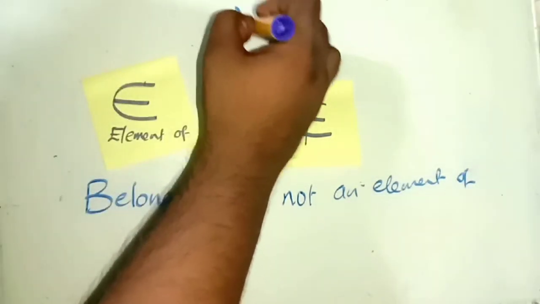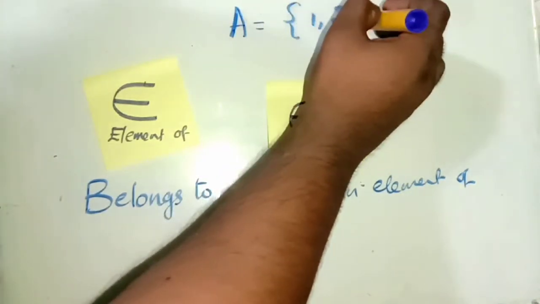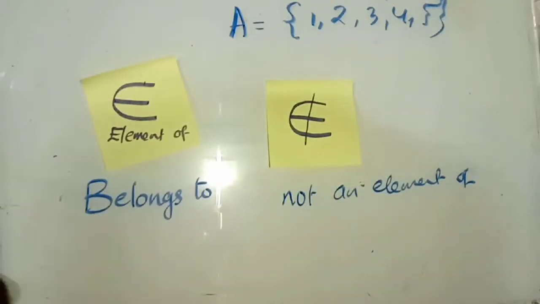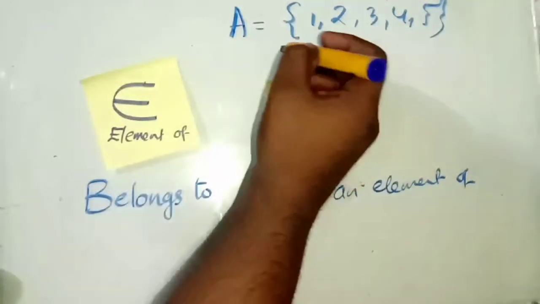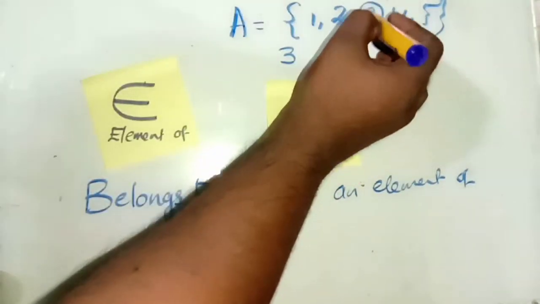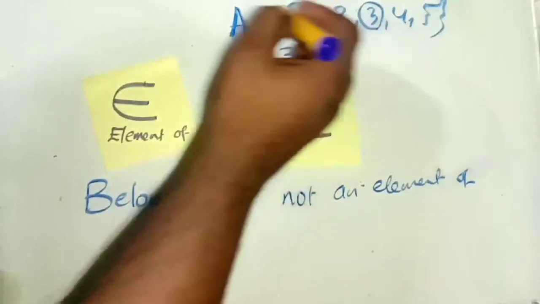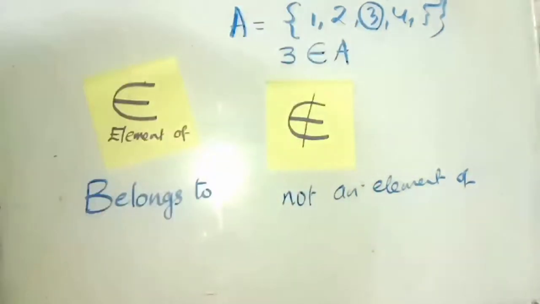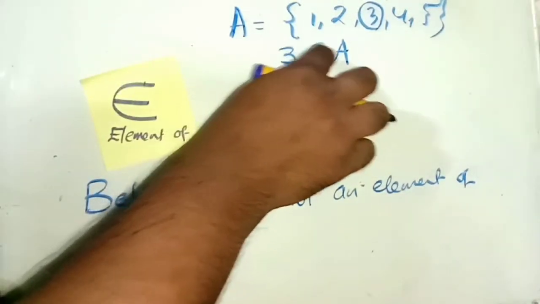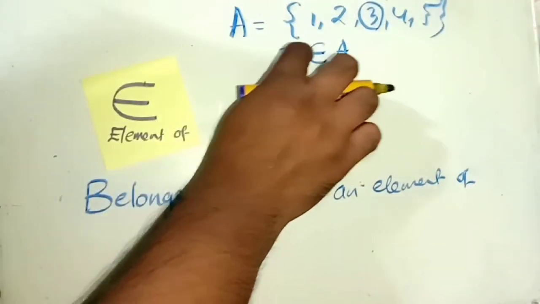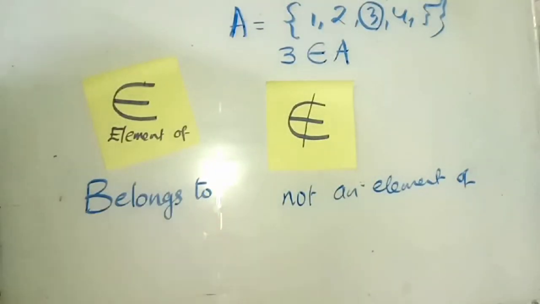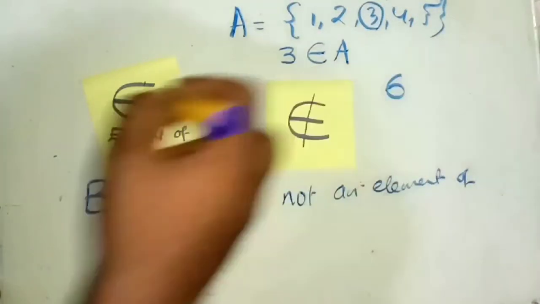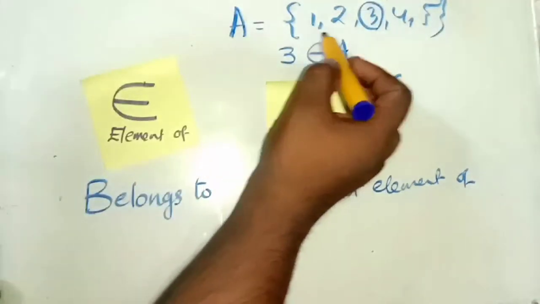Okay, let's make one example. I am writing a set. Set A is {1, 2, 3, 4, 5}. Now if I take an element 3, we can say 3 is an element of A. We can read it as 3 is an element of A, or 3 belongs to A. But if I take an element 6, you don't find 6 in this.